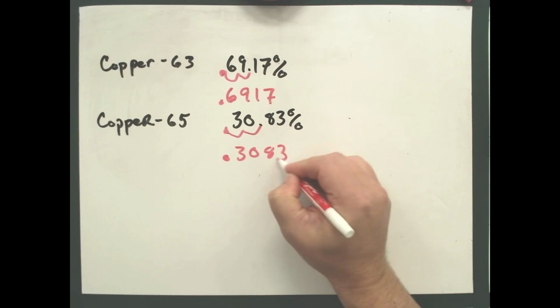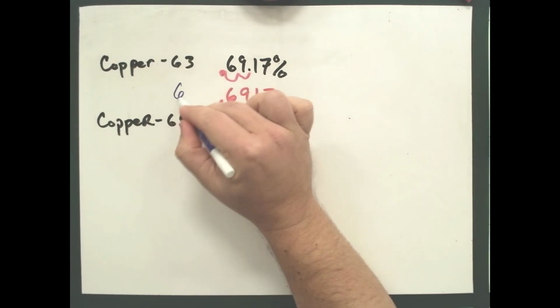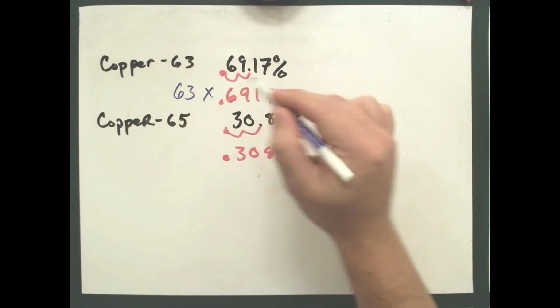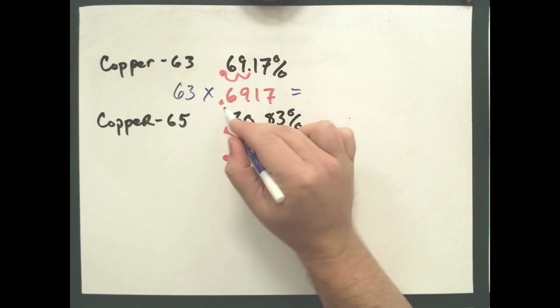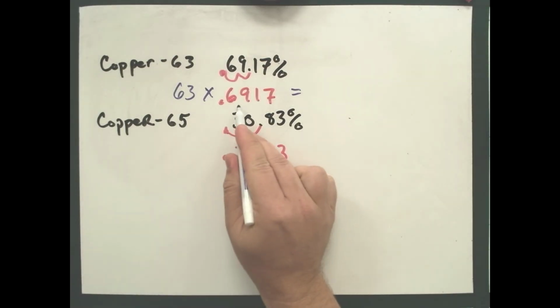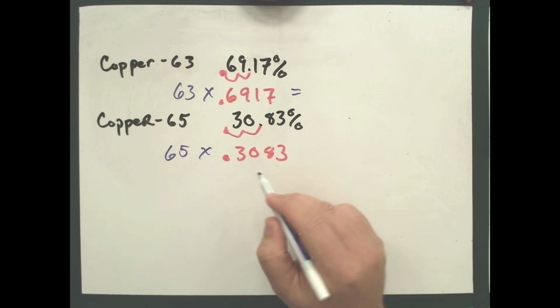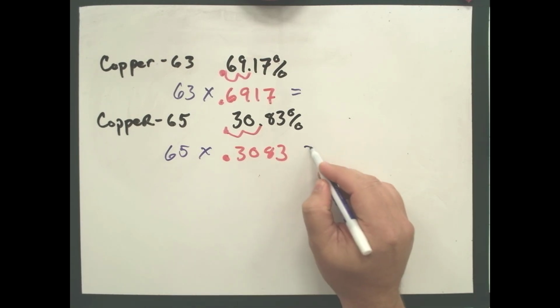All right, so the second step is to multiply our mass times our abundance for each one of them. So I'm going to do 63 times 0.6917 and 65 times 0.3083, and I'm going to get answers.